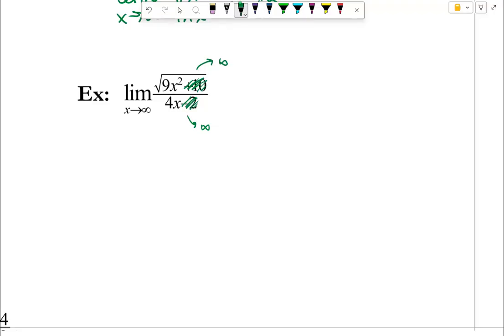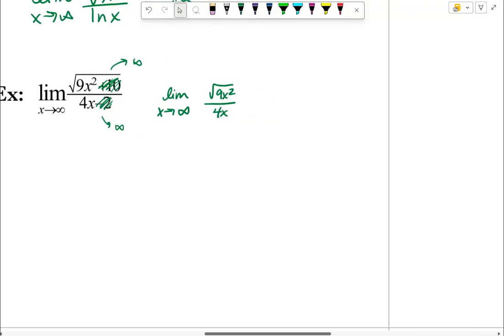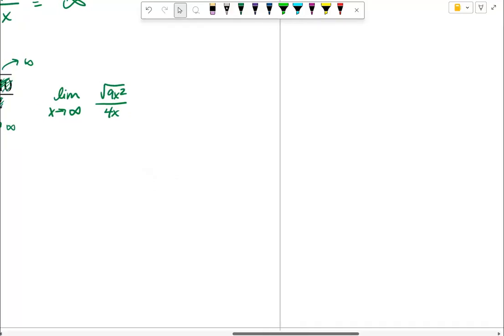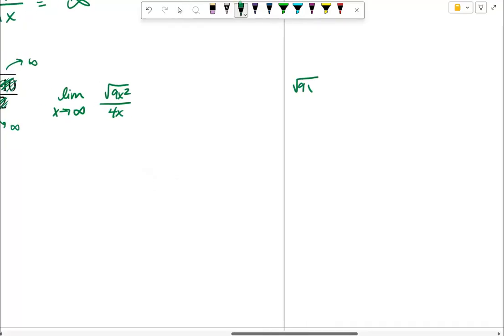So really, we could consider the limit as x approaches infinity of the square root of 9x squared over 4x. But here's where we need to be really careful, and that is that the square root of 9x squared, I'm going to write this out to the side, is not 3x.